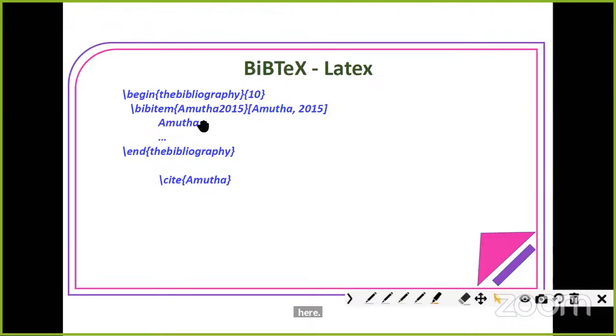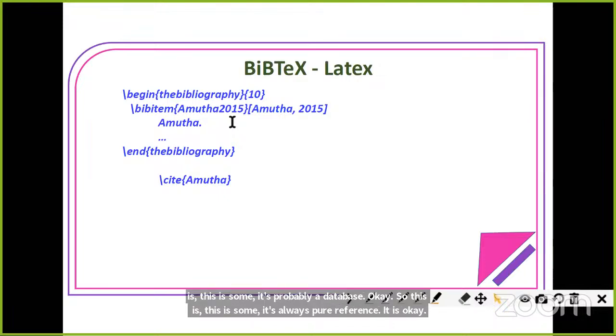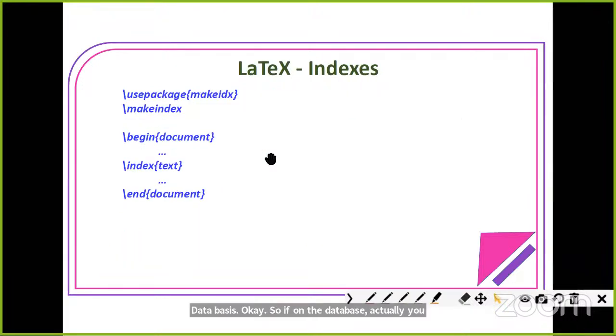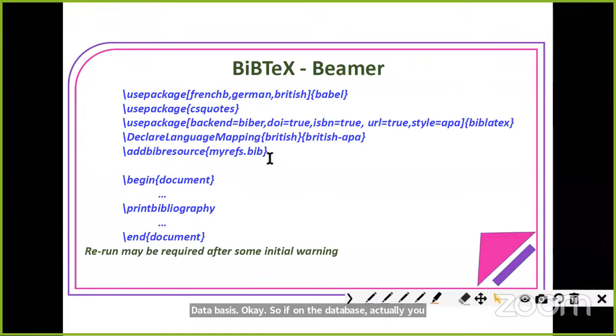For a few references it is okay, but if there are more references, and if you are the editor of a book or of a journal, then it is better to have databases. For the database, you have to use the .bib file. So this is how BibTeX is being used.